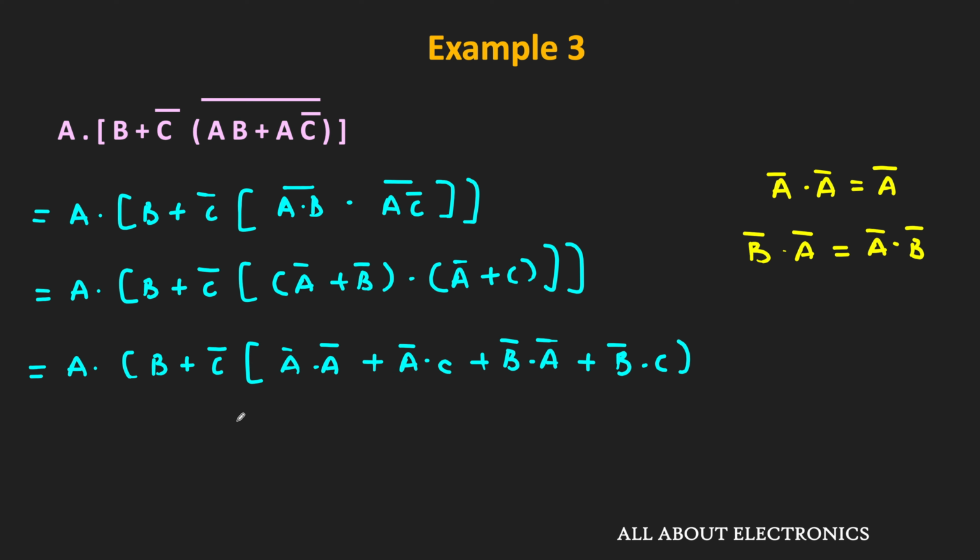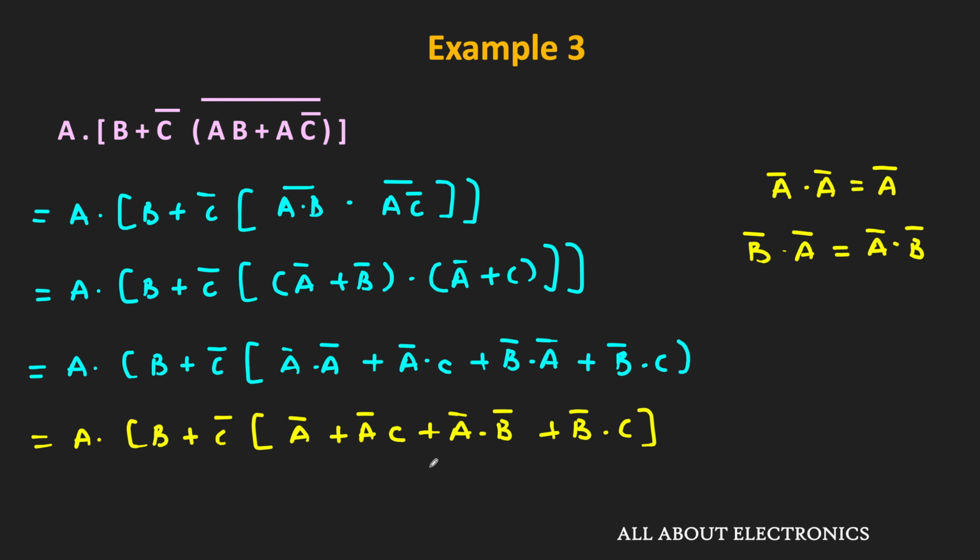So now we can write this expression as a dot b plus c bar, and in the bracket we will have a bar plus a bar c plus a bar dot b bar plus b bar dot c. So now in these 3 terms we can take this a bar common.